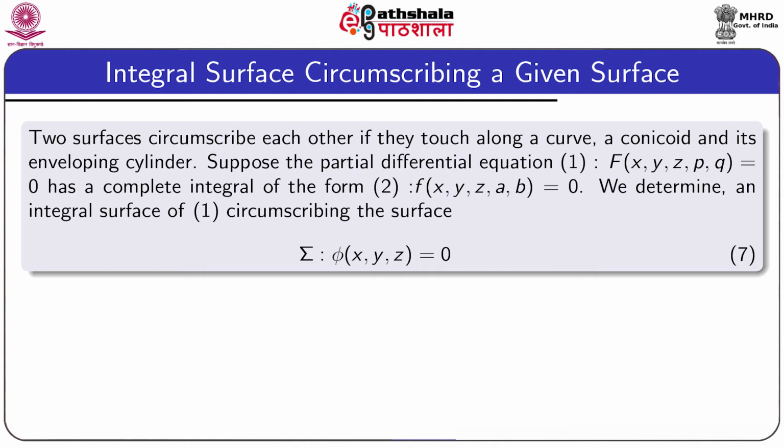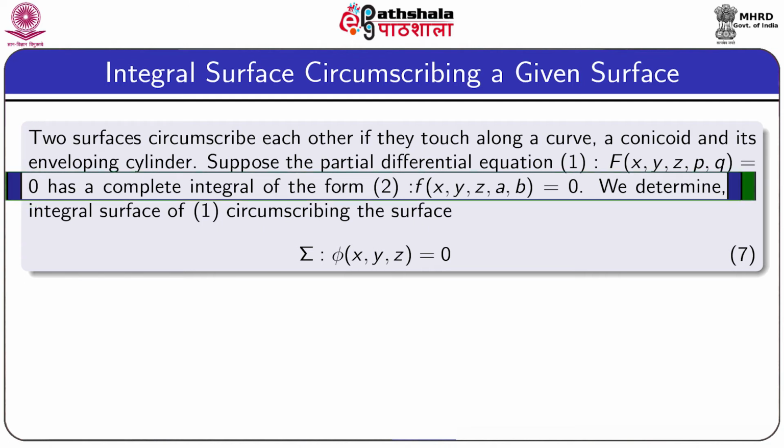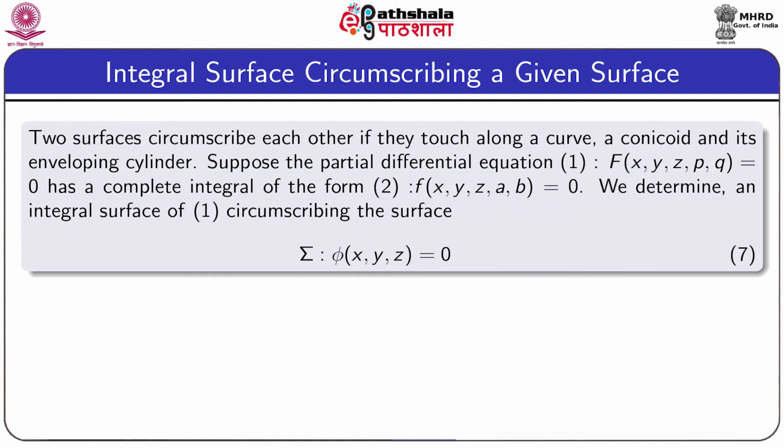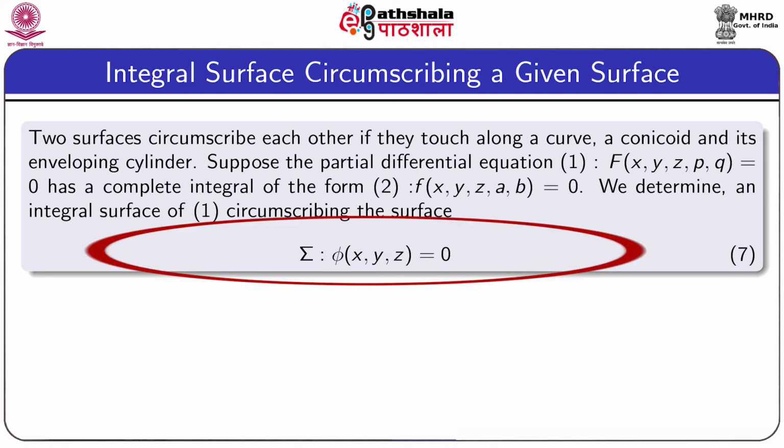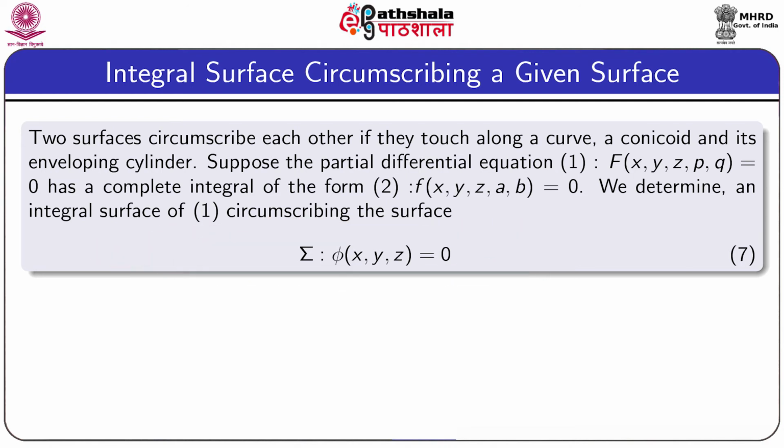Suppose we have the partial differential equation F equals to 0 and let it have the complete integral small f equals to 0, and we want to determine an integral surface of it circumscribing a given surface sigma. The equation of that surface is phi equals to 0, which is written in equation 7.